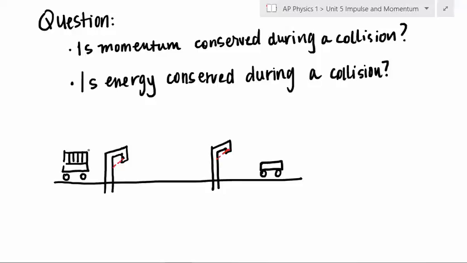Okay? So if you look at your photo gate, one of them has a blue dot on it and one of them has a red dot on it. That's to help you determine which cart is which and keep up with the direction and things like that.